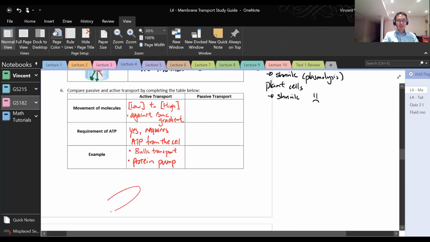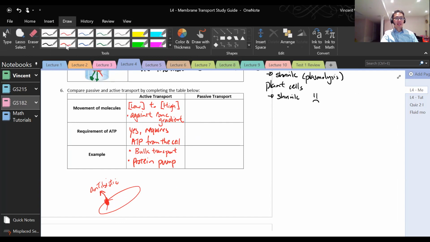So think of like a bacteria that has a special protein pump that allows it to pump out antibiotics. And so you cannot kill it with the antibiotics because the pump will keep on pushing them out. Okay, that would be an example of active transport, okay, using ATP to remove something from the cell.